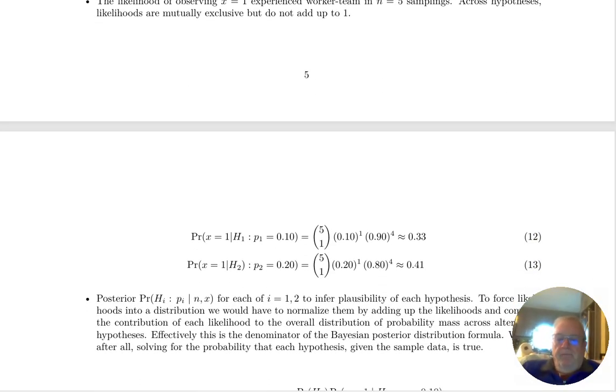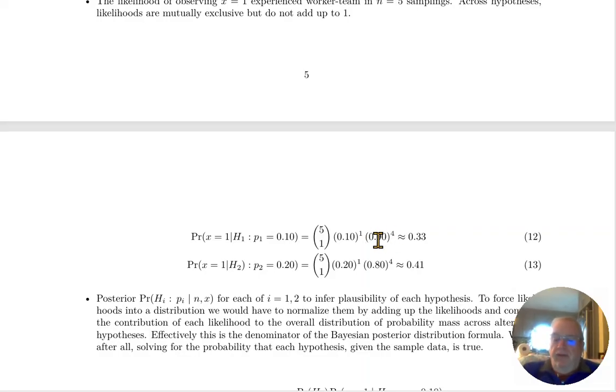And here we go. So this looks binomial to me. Oh, that 41 is coming back. The probability that x equals 1, that you have one success, one experienced, given the first hypothesis, which means that the proportion of experience is 10%, is 5 choose 1, 10% raised to the 1 power, only happens one time.